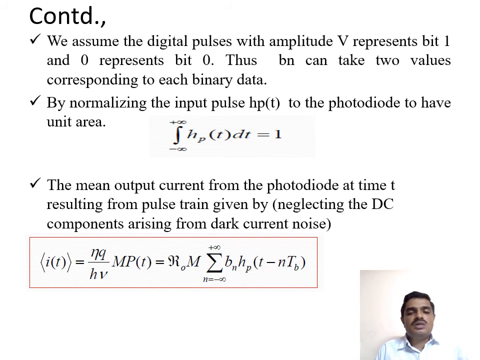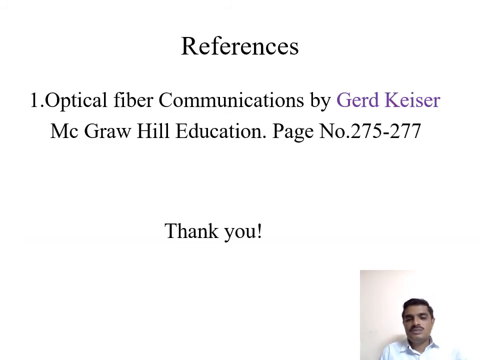The mean output current from the photodiode resulting from the pulse train is given by I of t equals (nq divided by h nu) times P of t, which equals R naught times M times the summation from n equals minus infinity to plus infinity of B of n hp of t minus n Tb. The reference is Optical Fiber Communications by Gerd Keiser, pages 275 to 277.